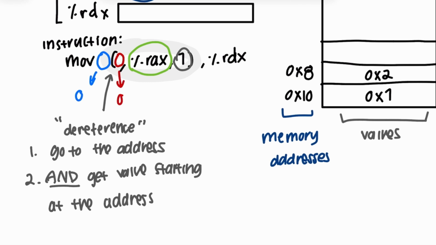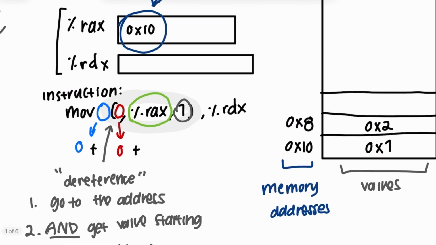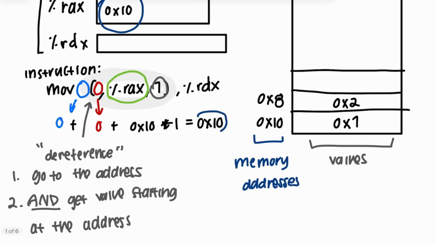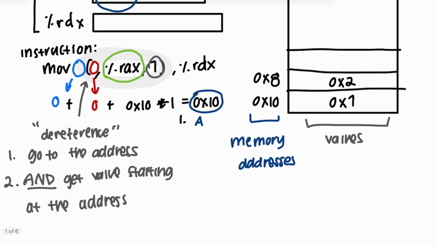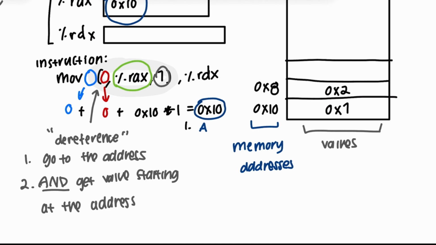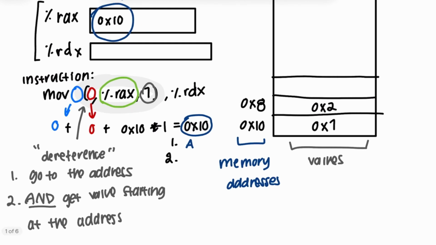RB is 0. So all we have to do is 0 plus 0 plus RAX, which is 0x10, times 1, which equals 0x10. So now we finally have our memory address. So we've gotten our first step, which is to get the memory address, go to the address. And second, we need to get the value starting at this memory address.